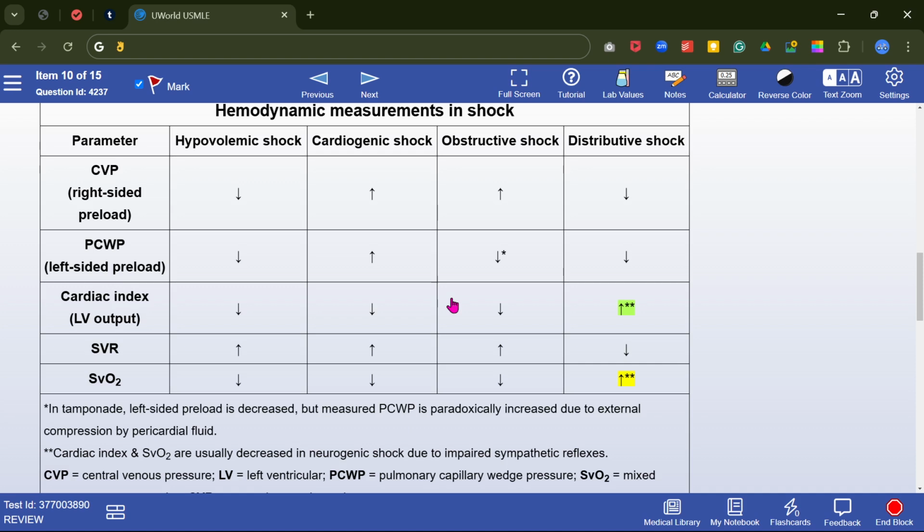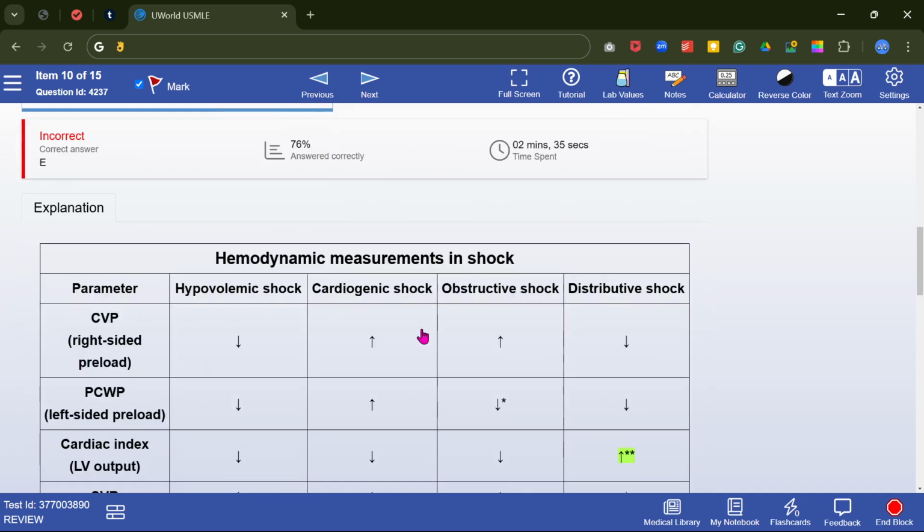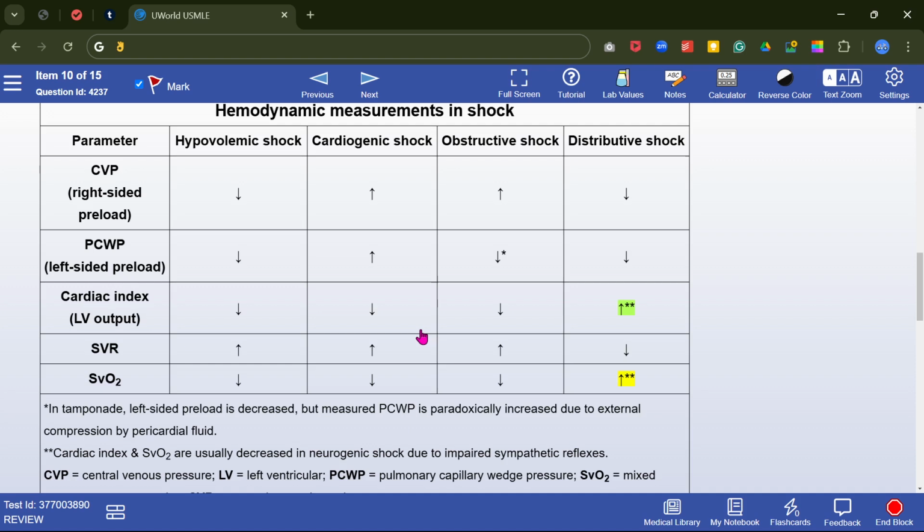So in case of hypovolemic shock, right-sided preload, central venous pressure, and left-sided preload, pulmonary capillary wedge pressure, are low, cardiac output or cardiac index is low, systemic vascular resistance is high, and mixed venous oxygen saturation, that means SvO2, is low.